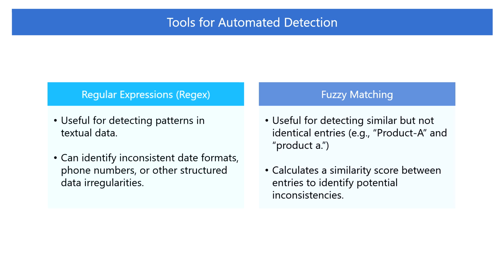For instance, they can identify inconsistent data formats, phone numbers, or other structured data irregularities. Fuzzy matching is particularly useful for detecting similar but not identical entries, such as Product-A and Product A. This technique calculates a similarity score between entries to identify potential inconsistencies.